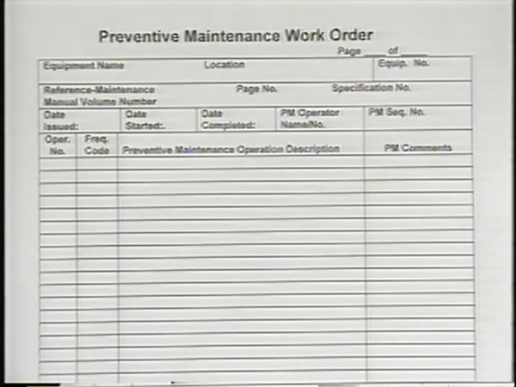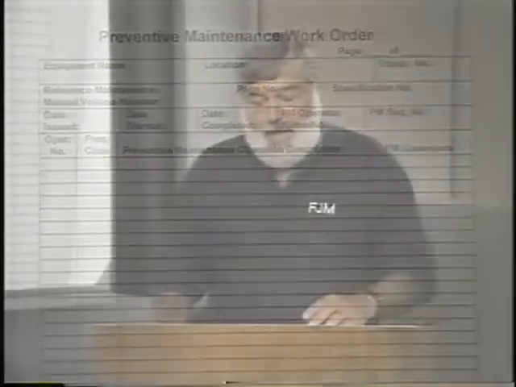Continuing to review the PM form, I'd like to address the body of the form at this time, and I'm going to move from left to right on the various vertical columns. The first column is entitled Operation Number, and again, some companies refer to this as a sequence number.